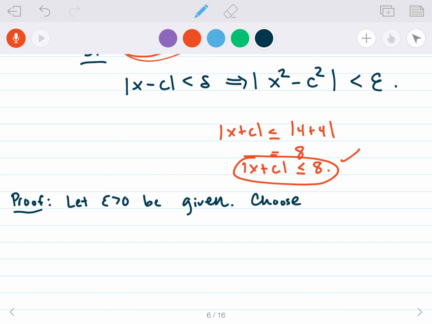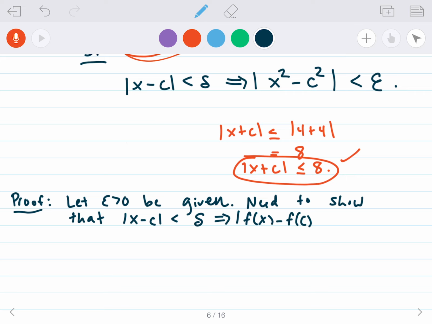And we need to show that |x minus c| less than delta is going to imply that |f(x) minus f(c)| is going to be less than epsilon.